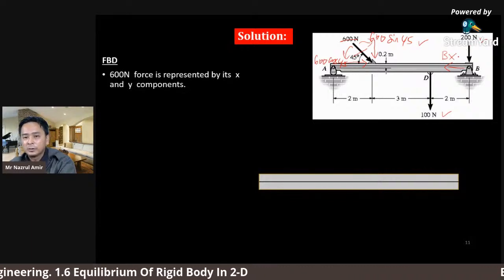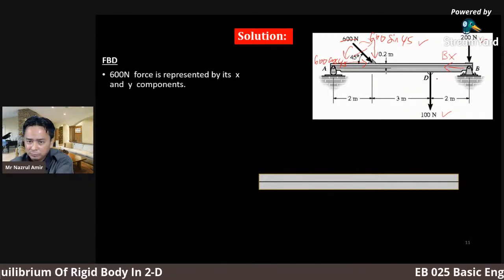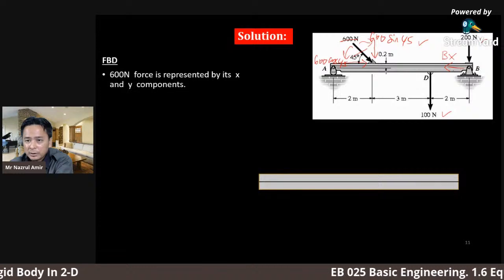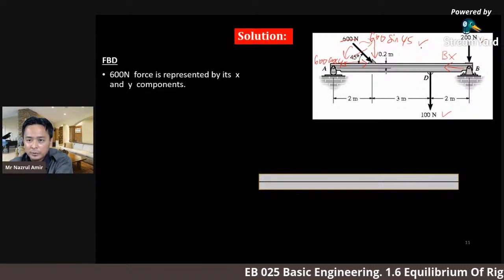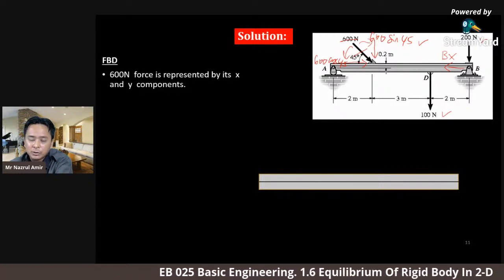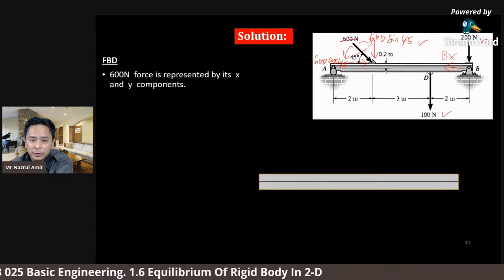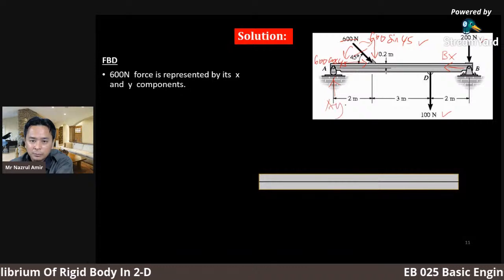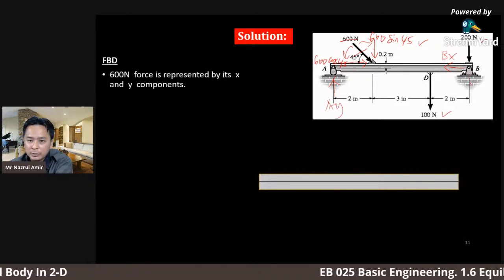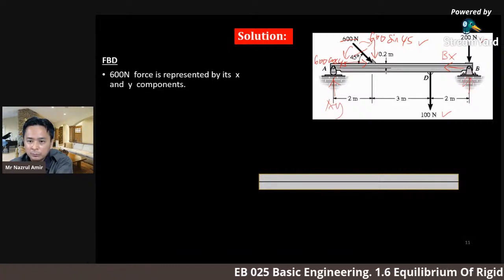There are a lot of forces here. So can A and B counter back by giving reaction to support the body? Of course they can, because A provides reaction upward with AY, and B provides reaction upward with BY.